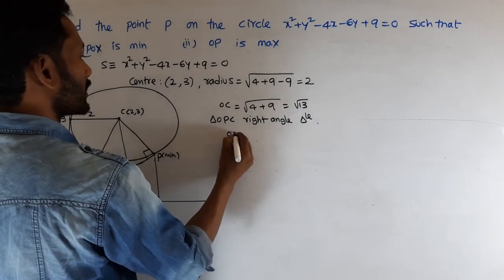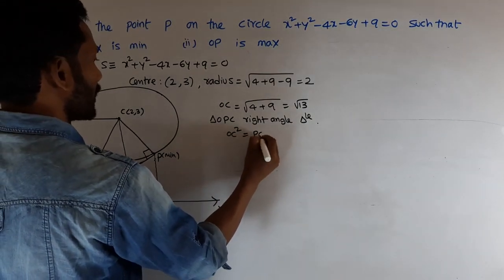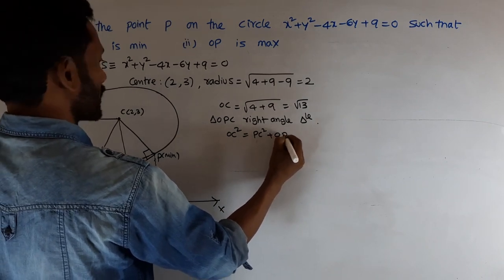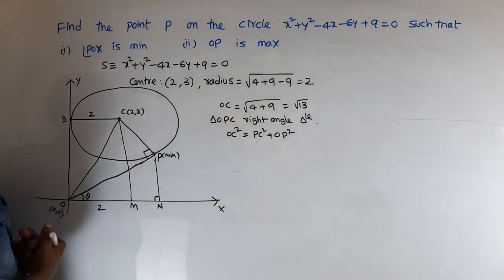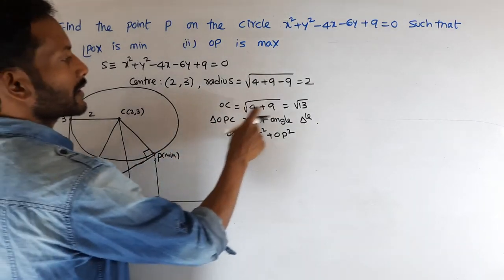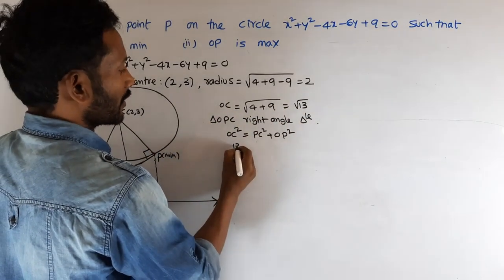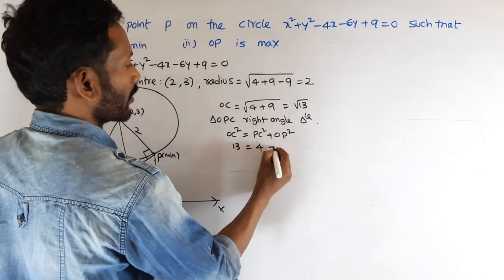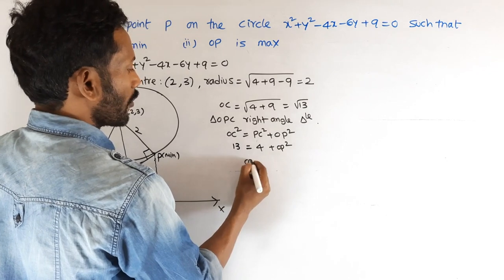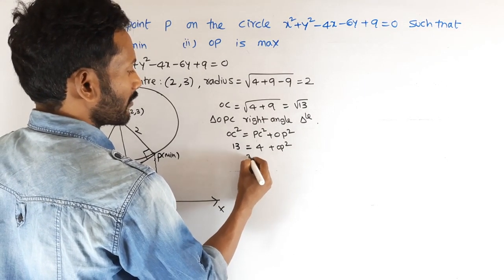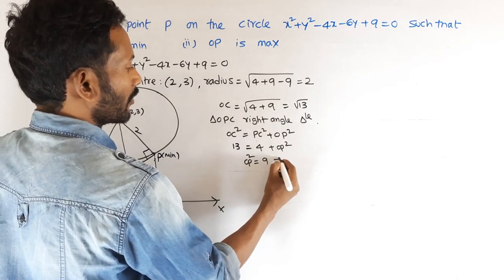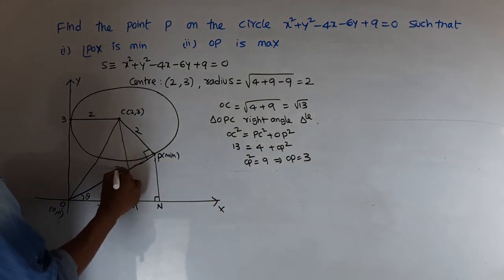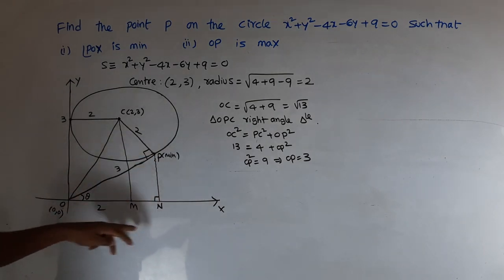So OC² equals PC² plus OP². OC² is 13. PC is the radius, 2, so PC² is 4, plus OP². So OP² equals 9, and OP is 3.